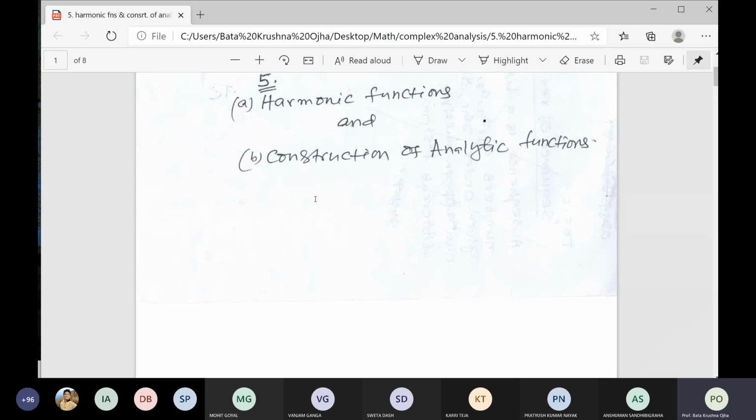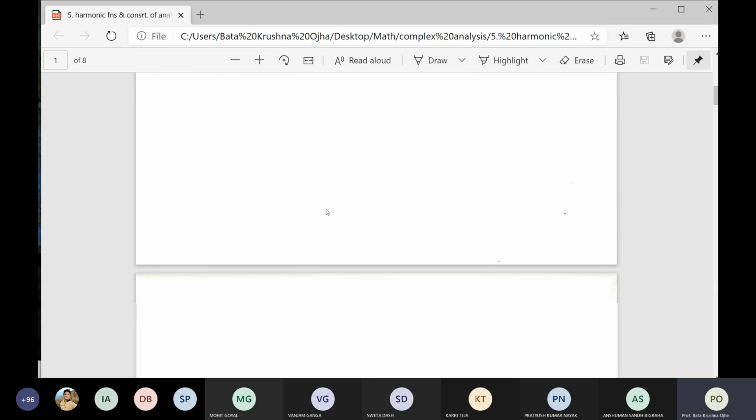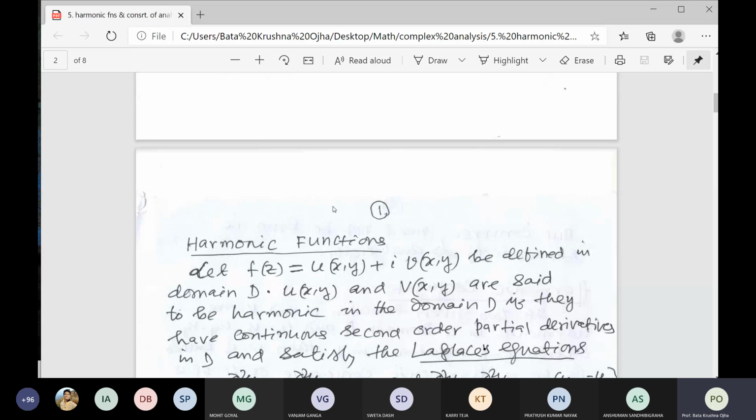So harmonic function is associated with your Laplace equation. You know Laplace equation. So Laplace equation on u is del square u by del x square plus del square u by del y square is equal to 0. That is second order partial derivatives. That is called Laplace equation in u.